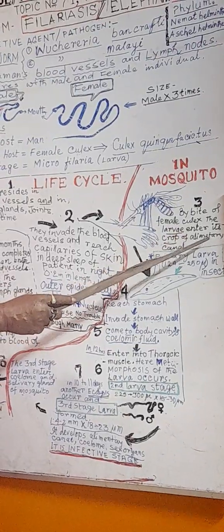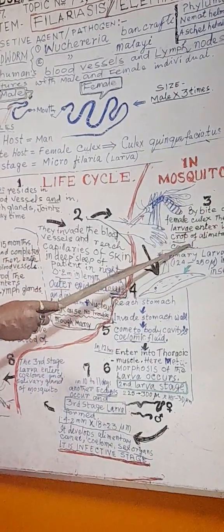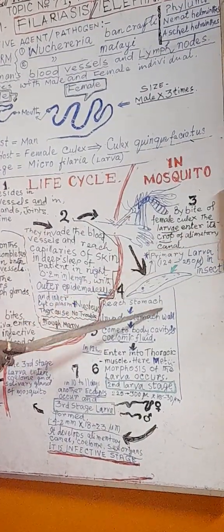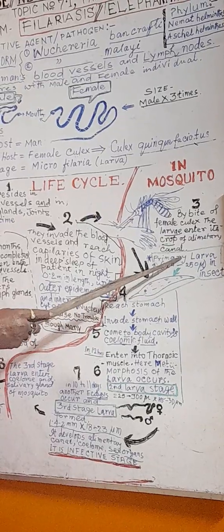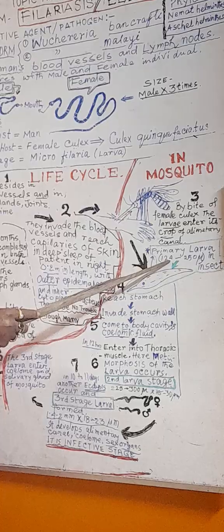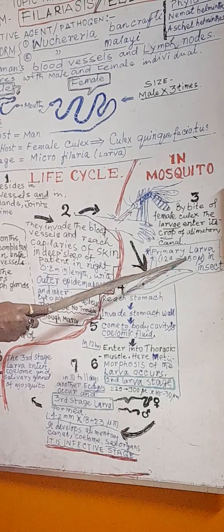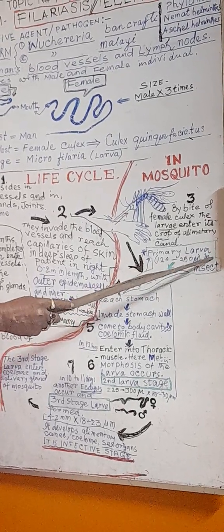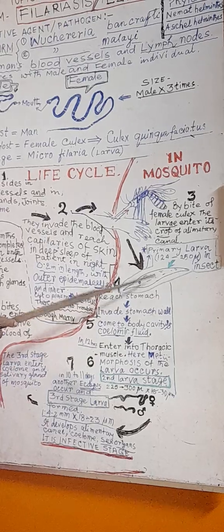When larva enters the crop, this is the primary larva, and its size is 124 mu to 250 mu in the insect. And this is the larva.